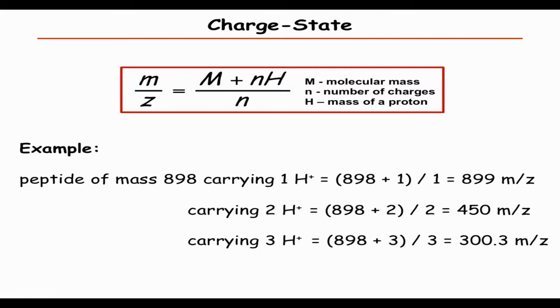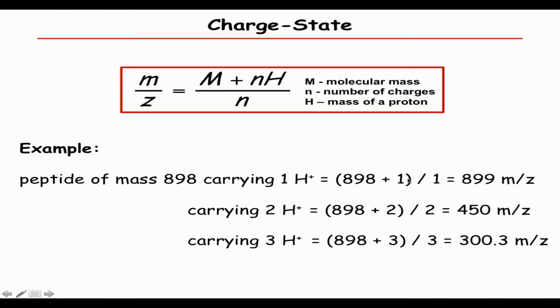Yeah, so this is just an example. If we have a peptide with mass 898 that has one charge, then m over z is 899. So we just add 1 divided by 1.